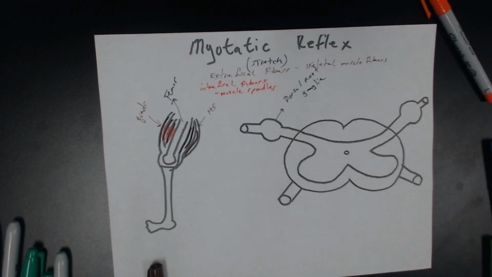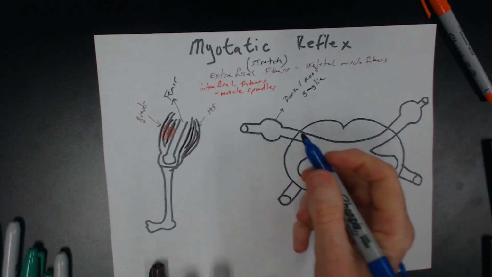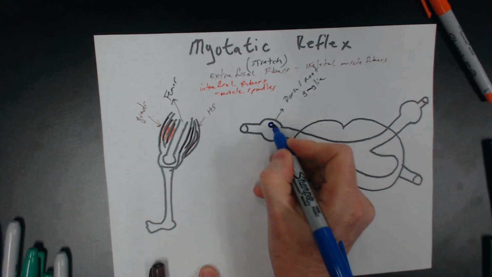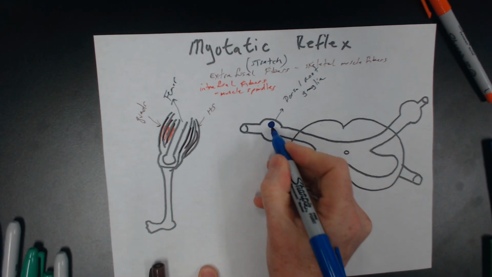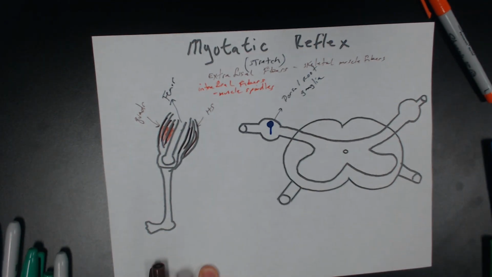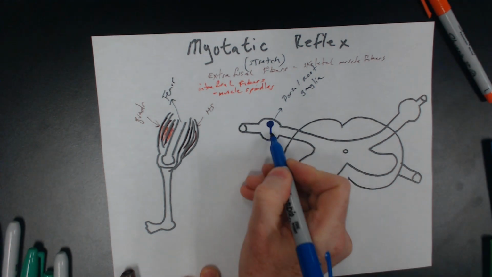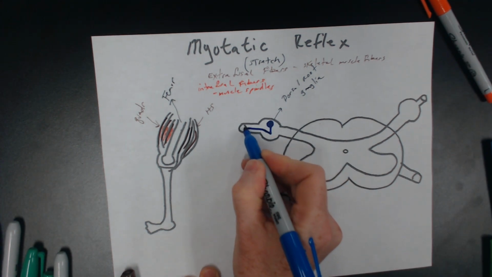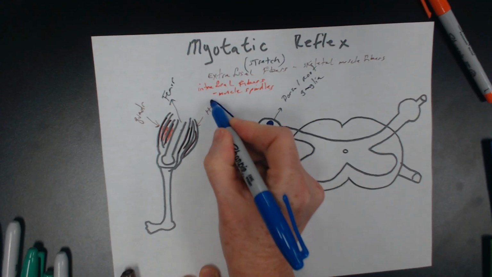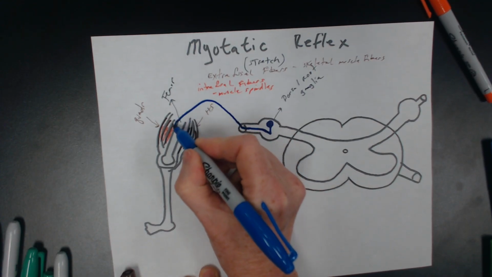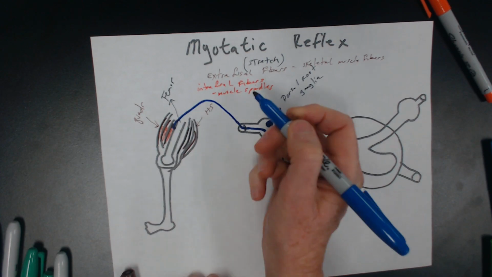So if we put our pseudo-unipolar cell body in the dorsal root ganglia. Okay, this is going to be a special kind of fiber that is hooked up with my intrafusal fiber.